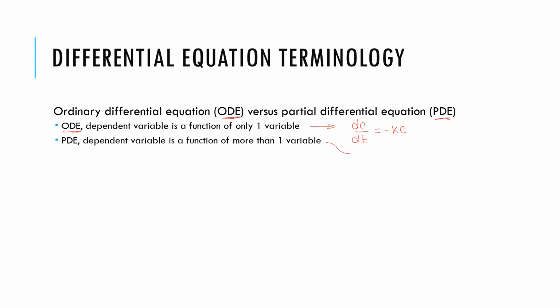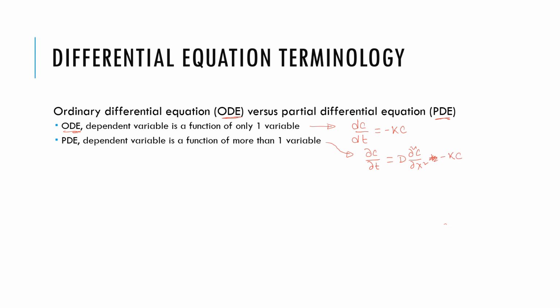On the other hand, if I have the full diffusion equation without convection, it will look something like this: D del squared C del x squared plus or minus kC.